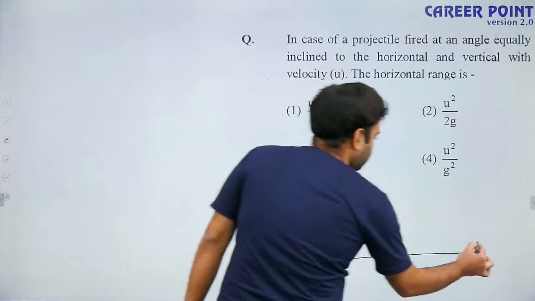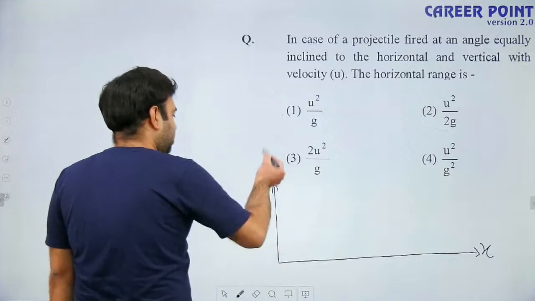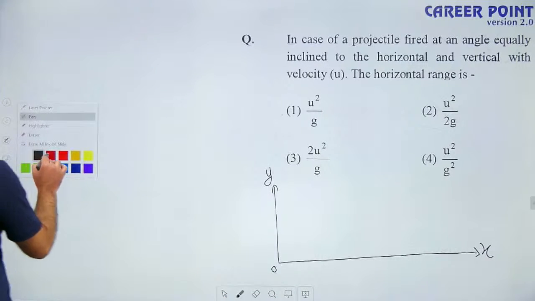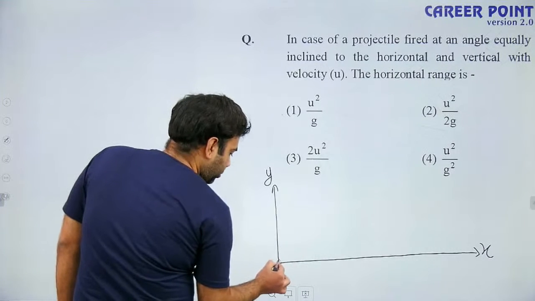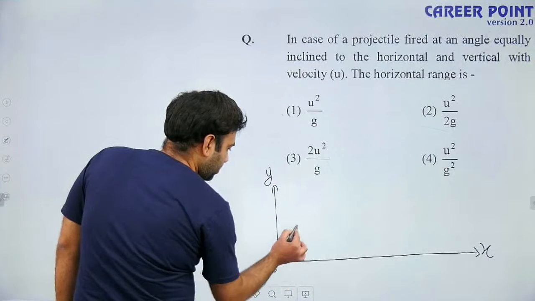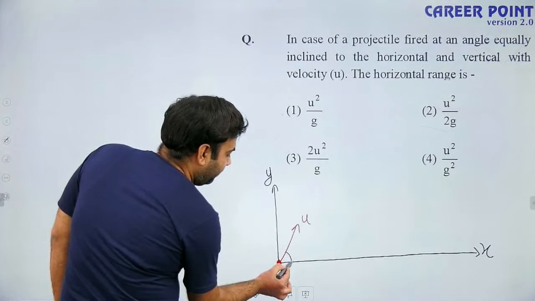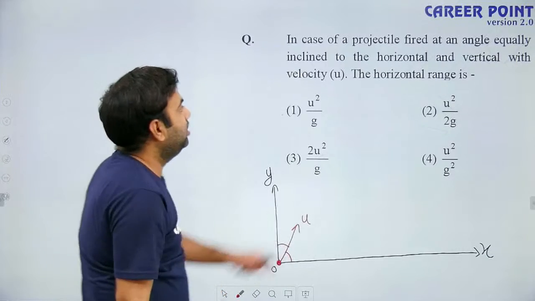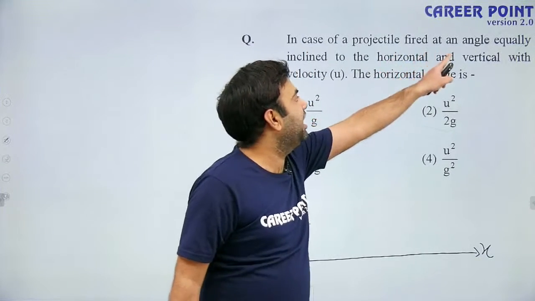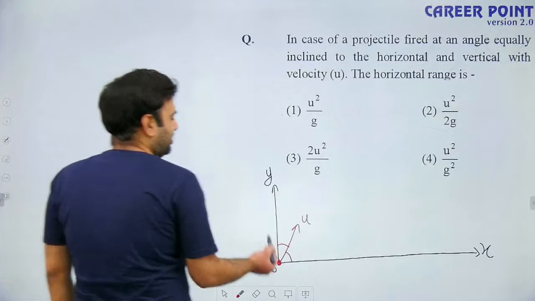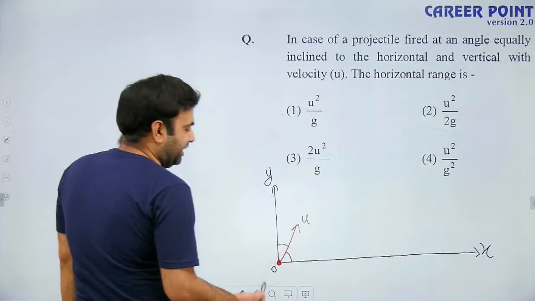This is the y-axis, this is the x-axis. X is horizontal, y is vertical, and this is the origin. What we are doing? We are throwing a projectile in such a way that it makes equal angle from horizontal and vertical. The angle between the x-axis and y-axis is 90 degrees.